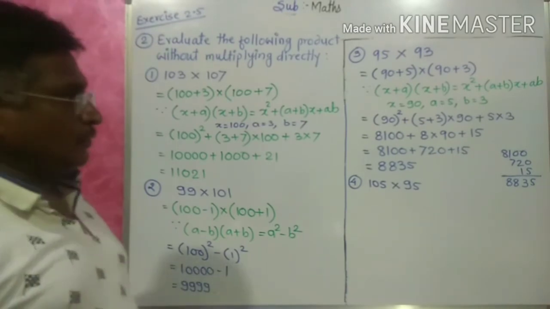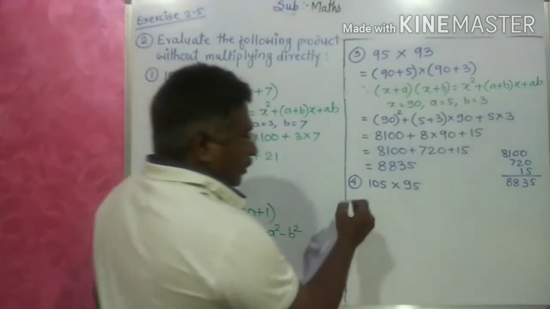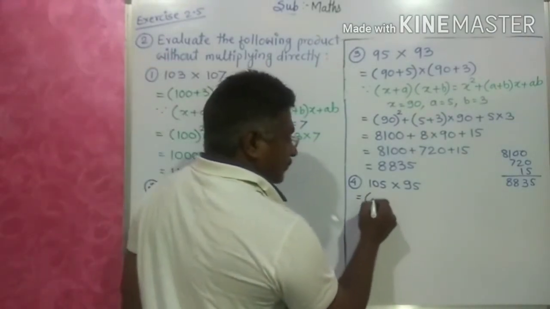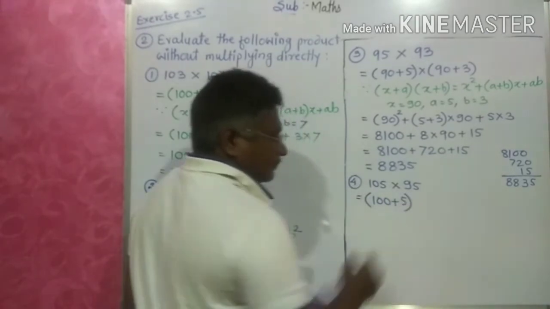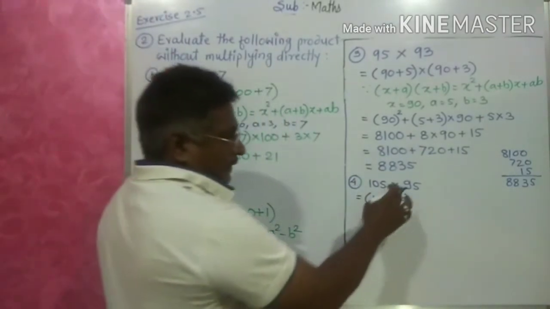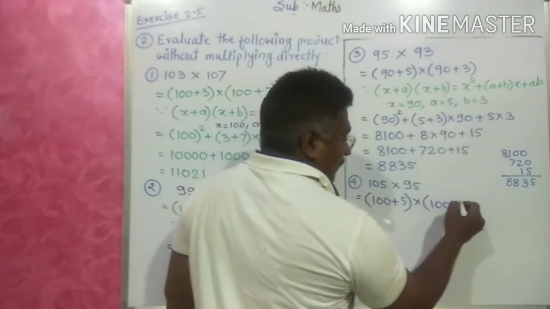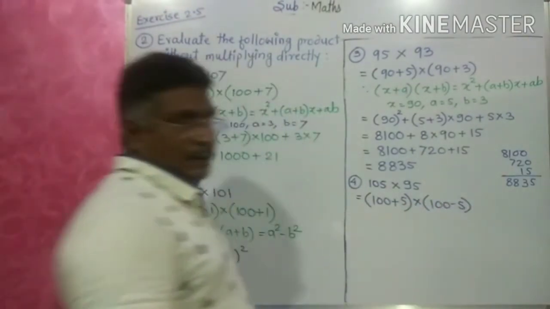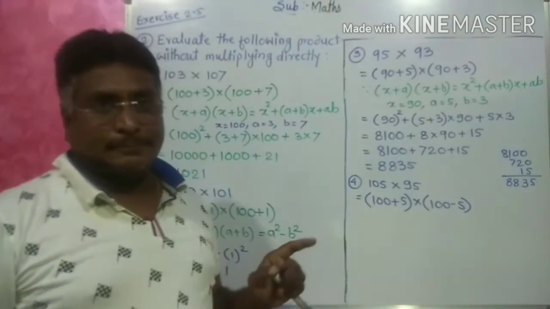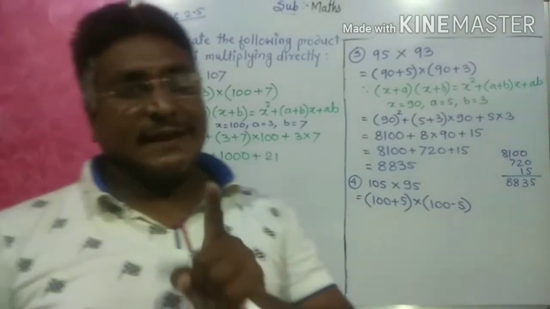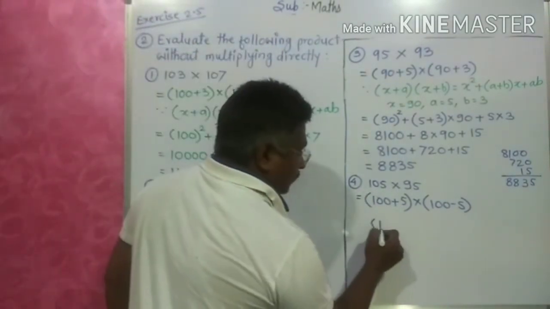So what has to be done? Write in the identity form. So how can we write 105? 100 plus 5. And how can we write this? Into 100 minus 5. Try to bring the same number in the bracket. One number should be same. Try to bring it. So this we can write in this way also, no problem.